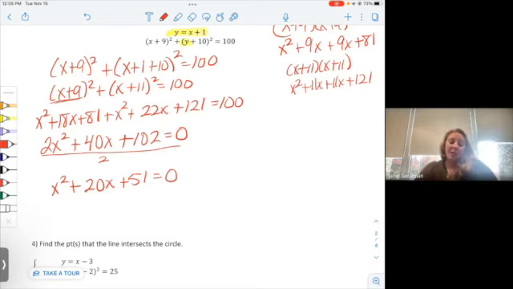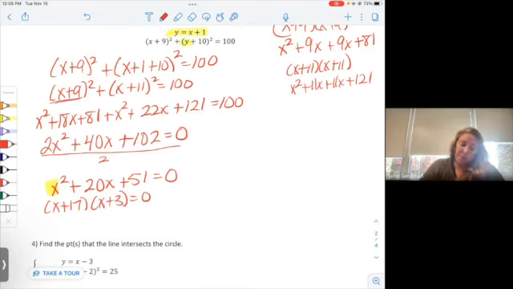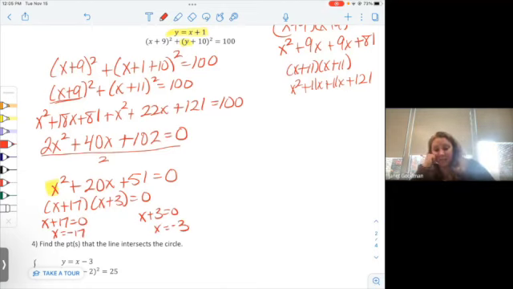Now, some of these problems, like this one right now, the lead coefficient on our x squared is a 1. That makes factoring slightly easier, but we're going to review what happens when the lead coefficient is not 1. So in this case, I simply need 2 numbers that multiply together to give me 51, but add up to positive 20. Those numbers are 17 and 3. So x is negative 17 and x is negative 3.